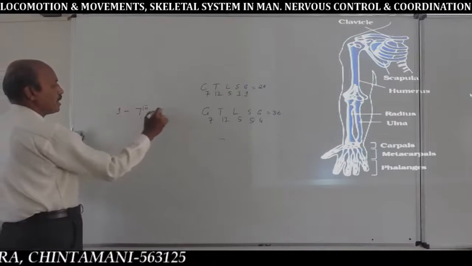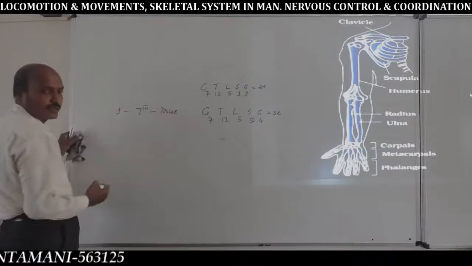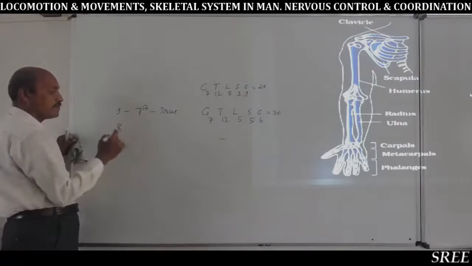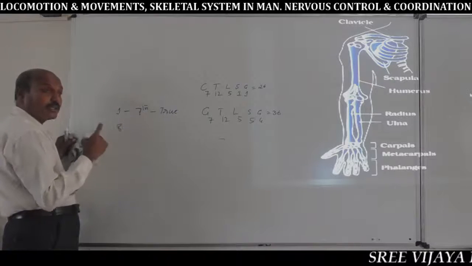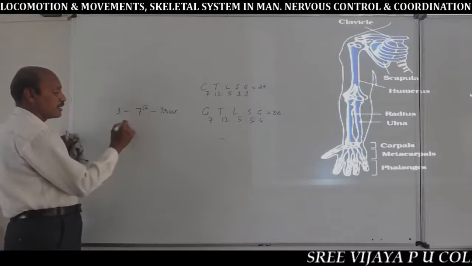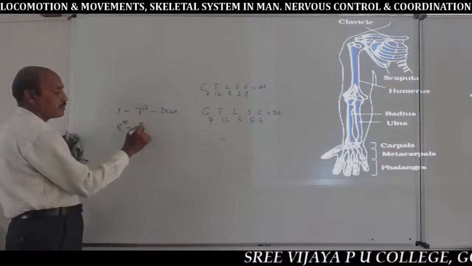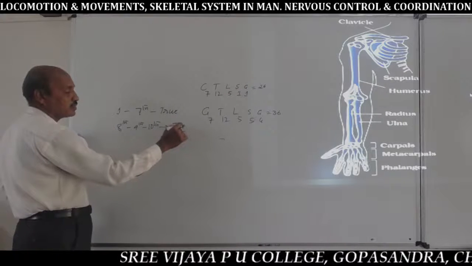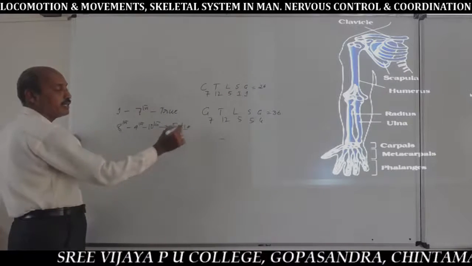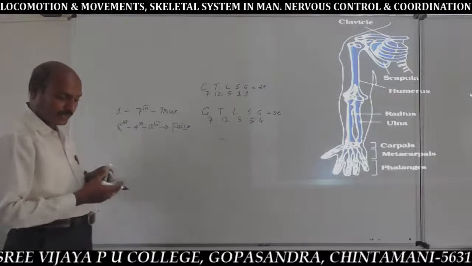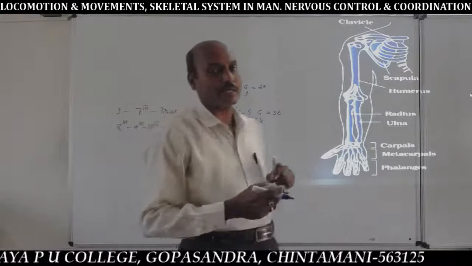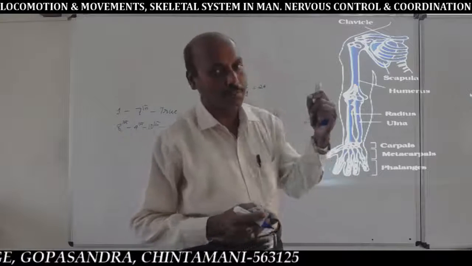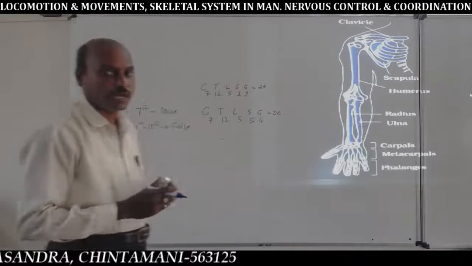Out of the 12 pairs of rib bones, the first to seventh pairs are called true ribs. The remaining 3 pairs, the 8th, 9th, and 10th, are called false ribs, because they are never directly connected to the sternum; they are connected to the 7th pair of the rib cage through hyaline cartilage.